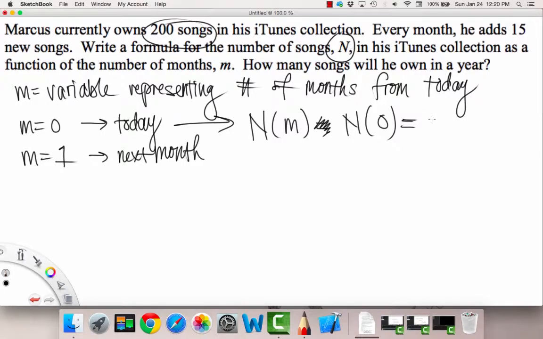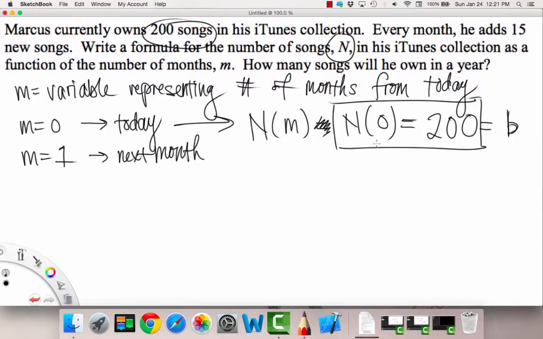So n of 0 is going to be equal to 200 because no months have passed. This is what's called an initial condition. In terms of linear functions, 200 is equal to our y-intercept, because when our input was 0, this is what we got. So this is our b.